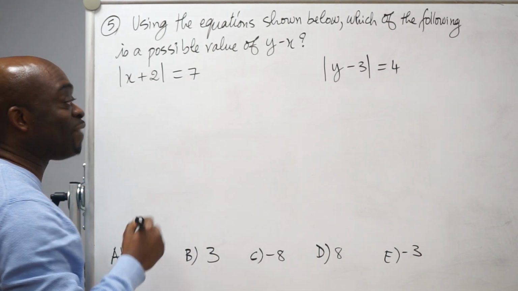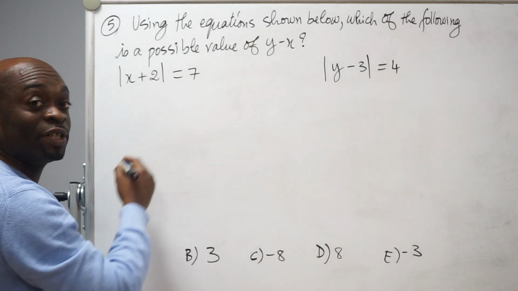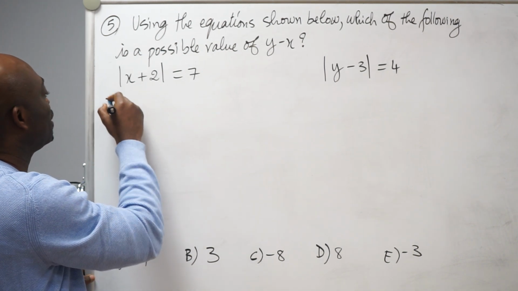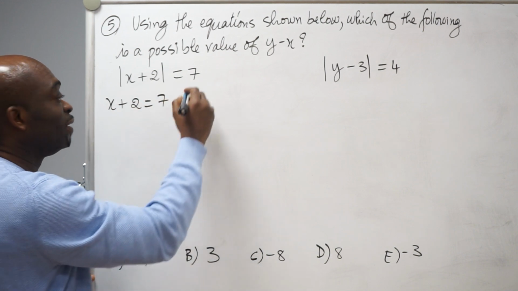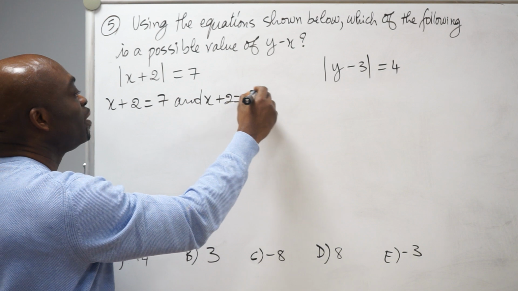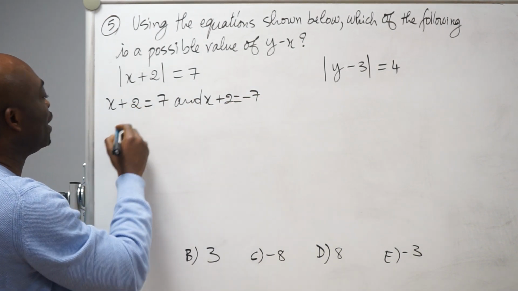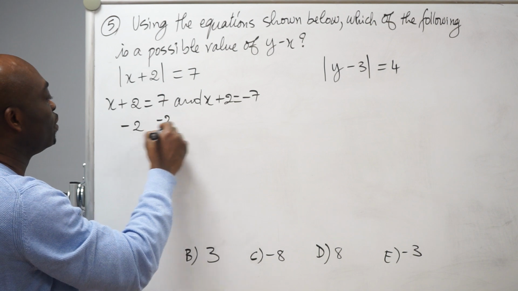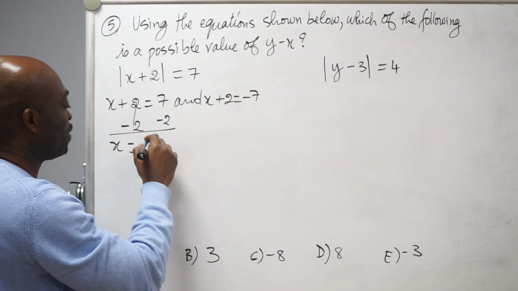Because we have absolute value equations, that means we're going to split this into two equations. So we have x plus 2 equals positive 7 and x plus 2 equals negative 7. We're going to solve for each of them. So negative 2, we all know how to solve this. 7 minus 2 is going to give us 5.